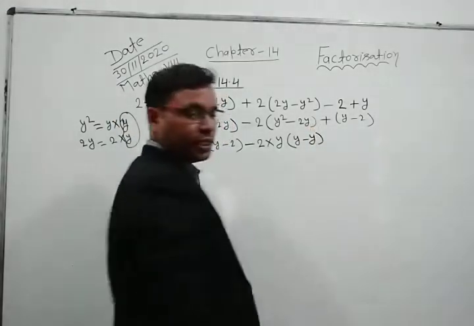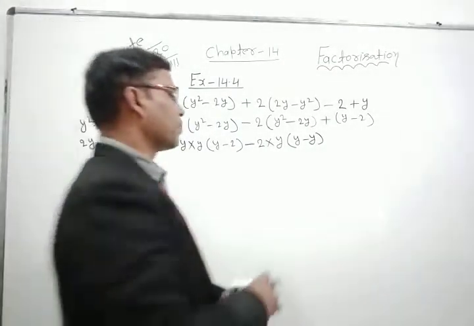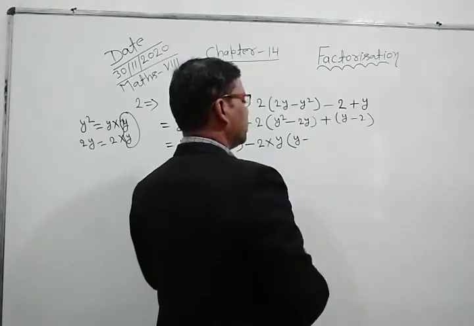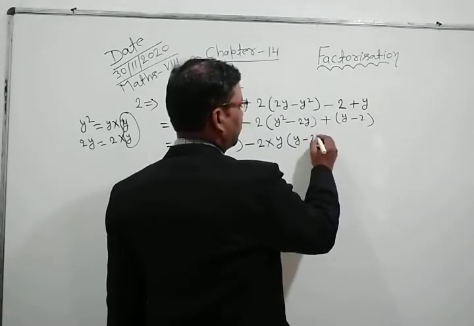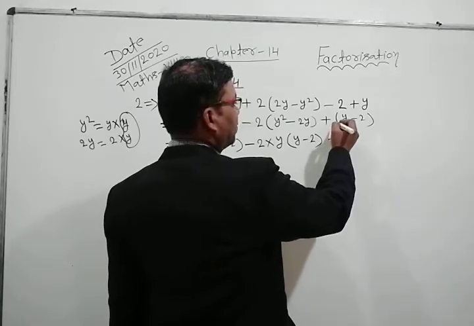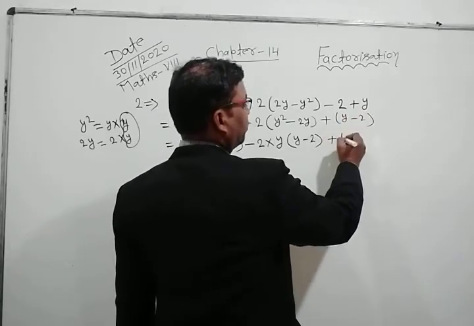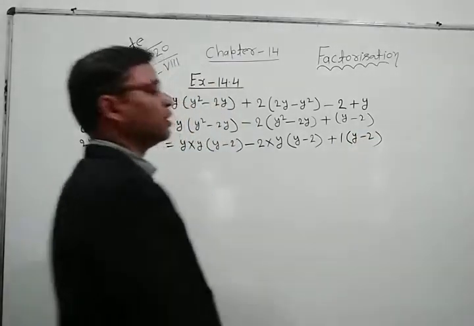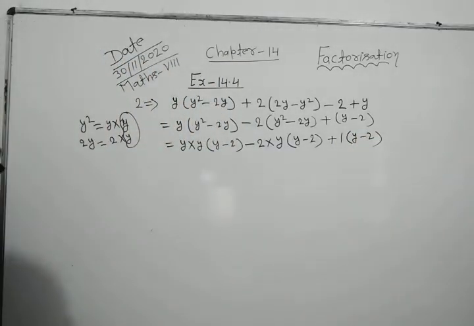Sorry, not y, it is 2, because we take common y. So here we have only 2. This is clear. Now in the third group nothing is common, so you can write 1 as common. So write here y minus 2. Clear?